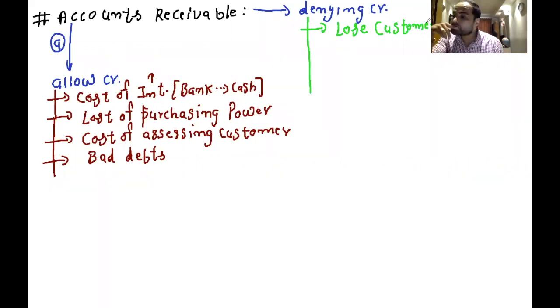All right. So that's the reason if a company is denying credit, if a company is maximizing its cash sales, as a result, the company's accounts receivable overall will be affected. So working capital will be affected.